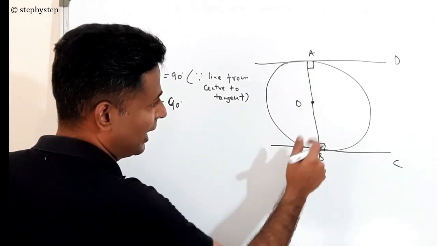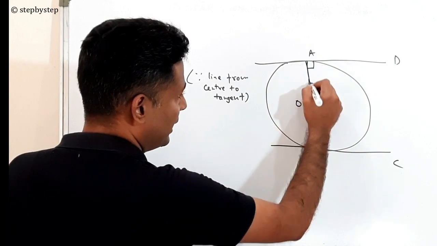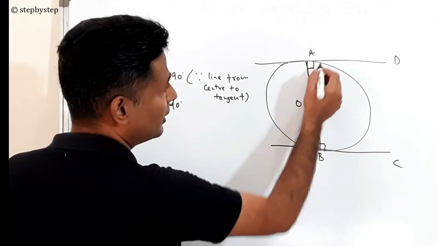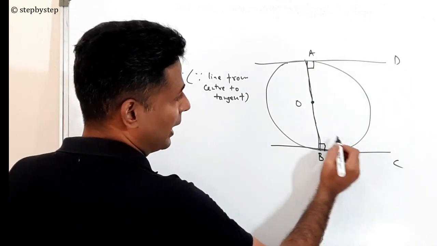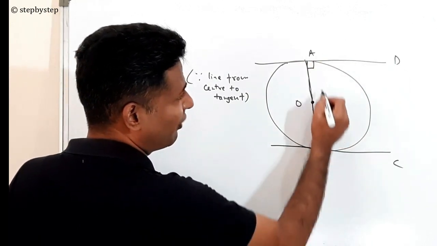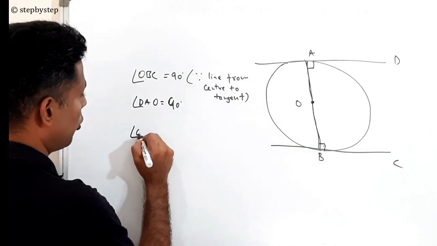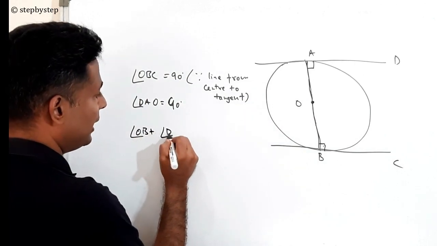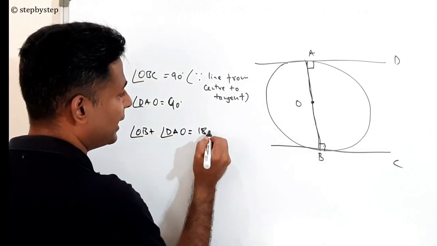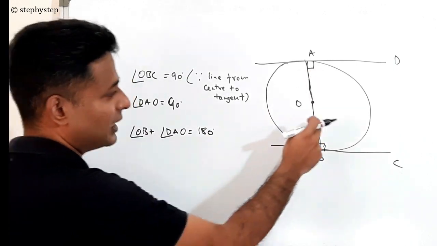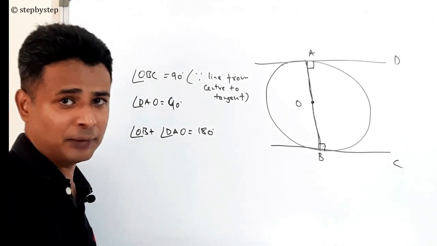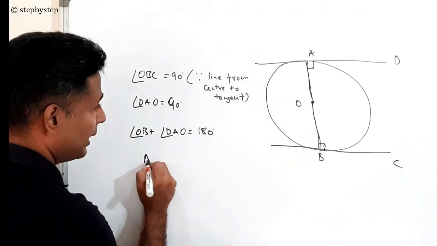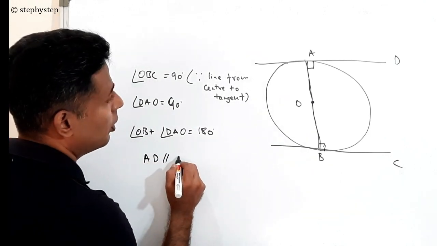Now since this is the diameter, this is a straight line, which means it is intercepting these two lines. Right? And what do we have? The sum of angles on the same side, that is OBC plus DAO, is equal to 180 degrees, 90 plus 90. So since the sum of internal angles on the same side is 180, you can say AD is parallel to BC.